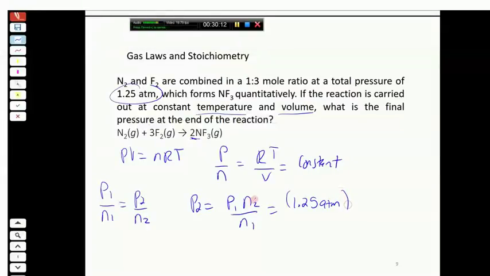And then what we need is the moles N2 over N1. Now if we look at this problem here, we're not telling you exactly how much gas we're using. We're not telling you the masses of the gas. We're not telling you the number of moles directly. So how do we find the ratio N2 over N1? So N2 is going to be the moles of product. That's the amount of gas we have at the end of the reaction.